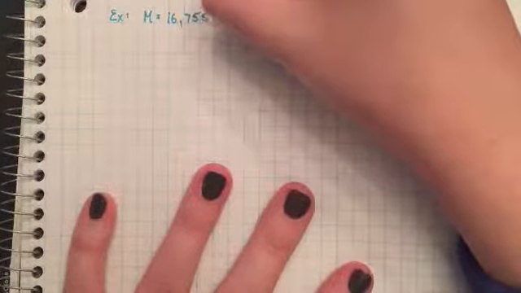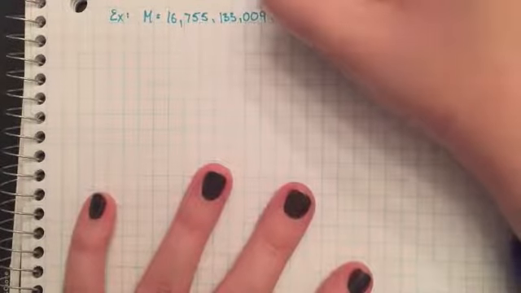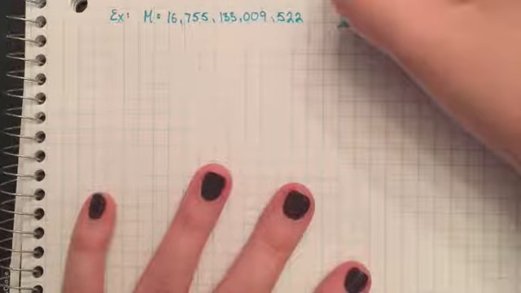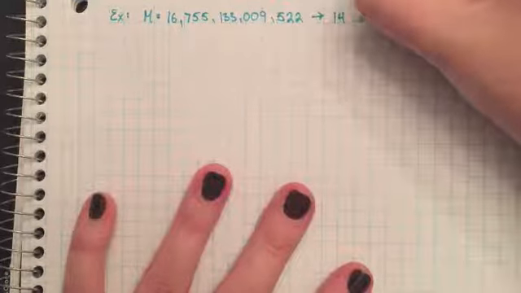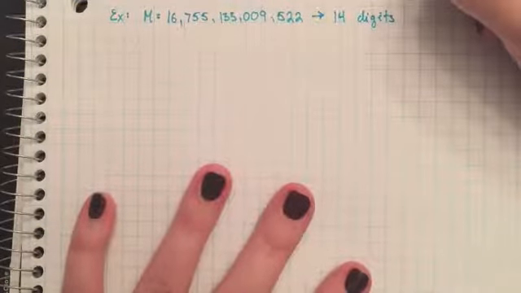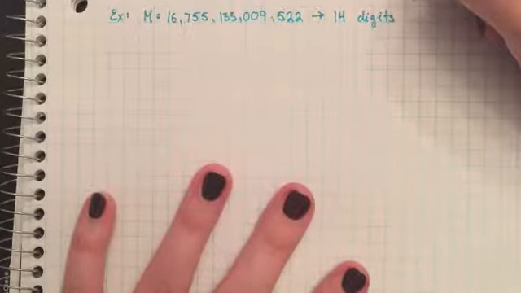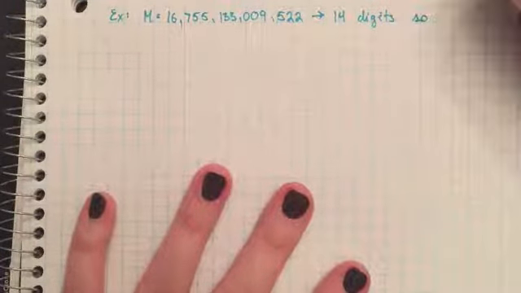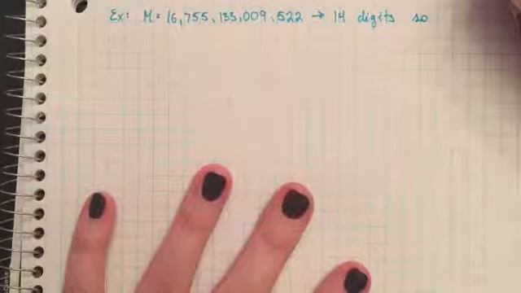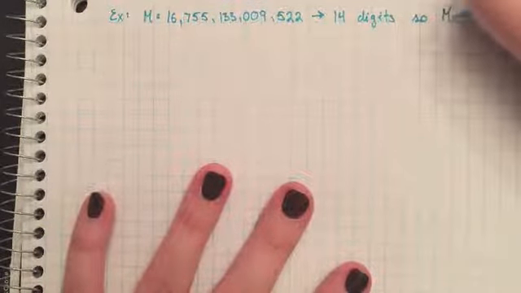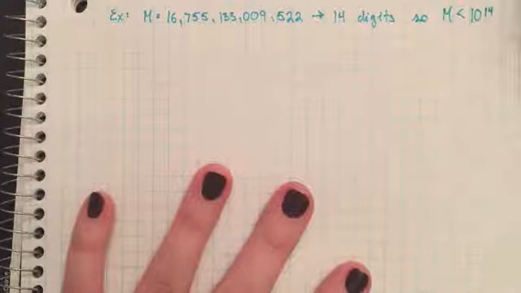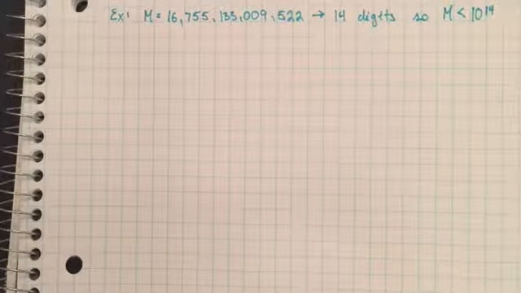If in my second example I said m is equal to 16,755,133,009,522, that has 14 digits. So when I look at it, I know it's going to be less than a number 10 to the 14th power.